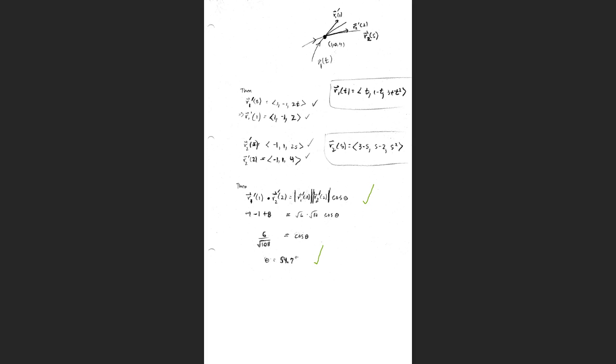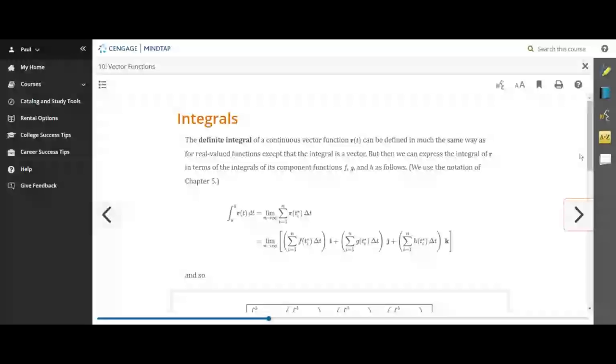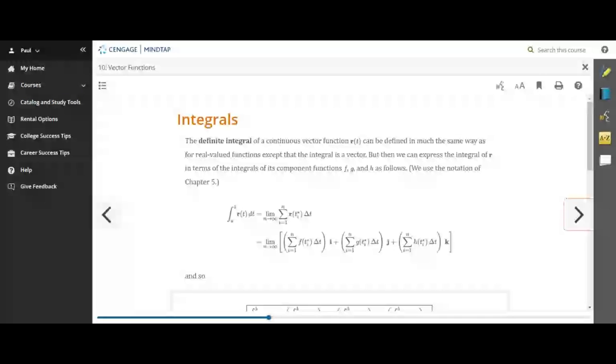Okay, let me get it off of here. Okay, let me see here where we're at. Yeah, this is what we want.